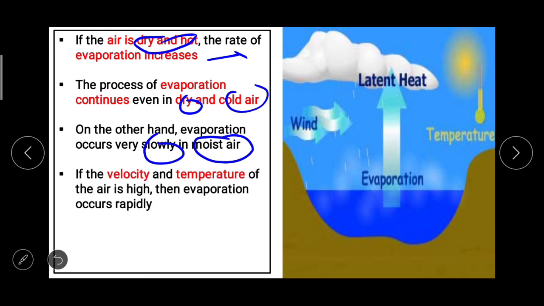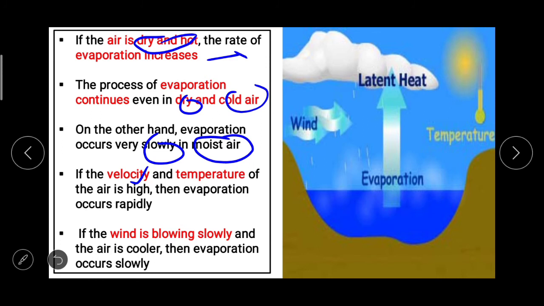If the velocity and temperature of the air are high, then evaporation occurs rapidly. And the last thing, if the wind is blowing slowly and the air is cooler, then evaporation occurs slowly.